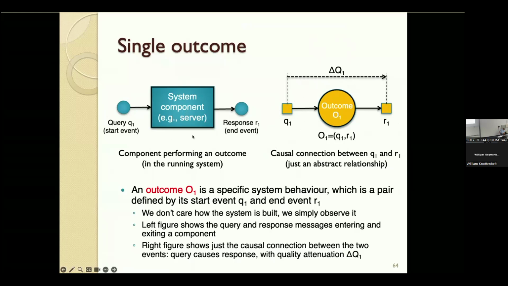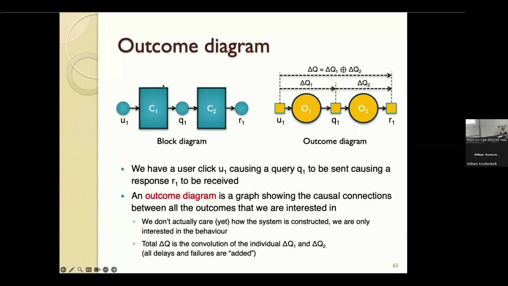So as we'll see, as we start to build more complicated systems, the outcome diagrams don't resemble at all the block diagrams of the system. So here we have a single outcome and a single component, okay? If we now have two components, we have two behaviors. So the first component has an input message and an output message, and the second component has an input and an output.